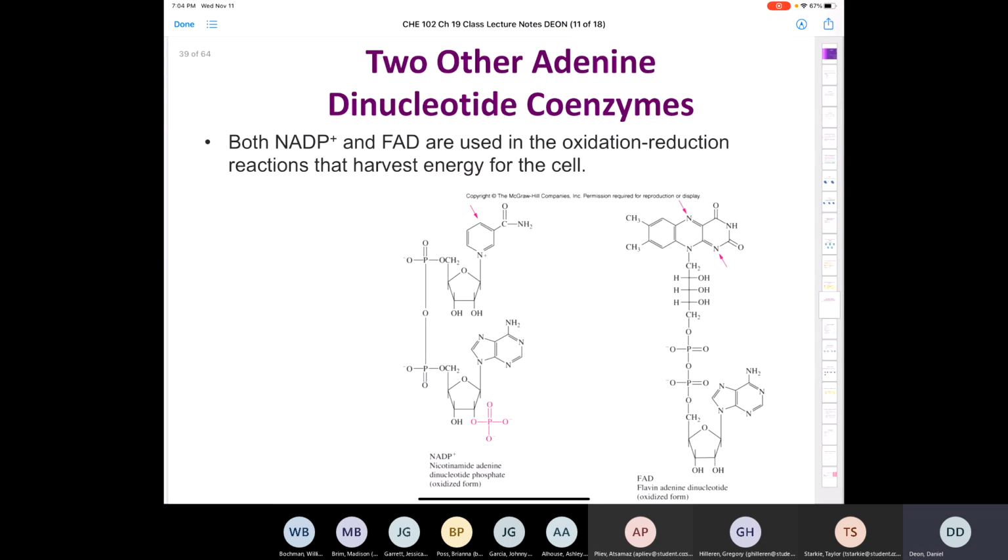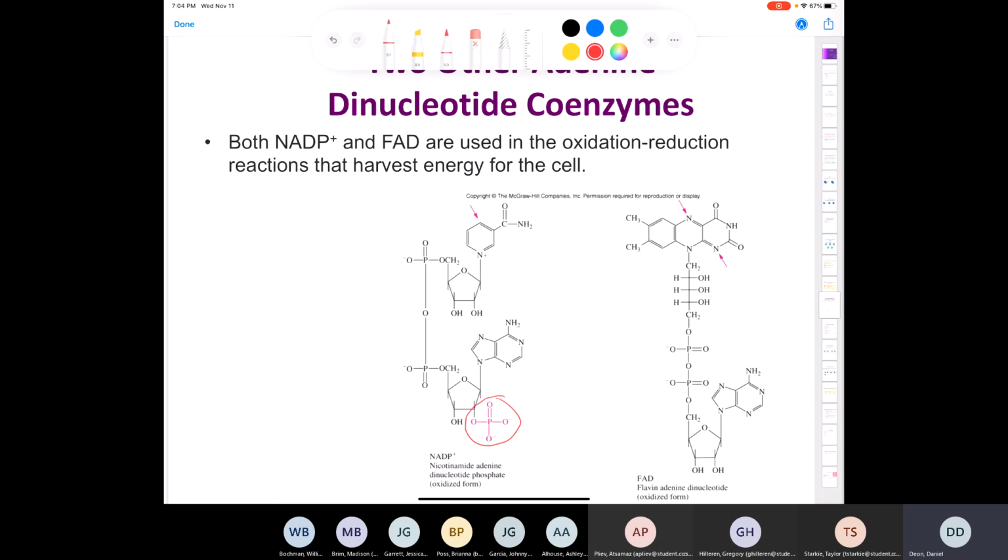These are 2 other adenine dinucleotide coenzymes. One is NADP+, or NADP, and the other is FAD. You're going to see that these are both used in redox reactions that we're going to look at in chapter 21. Again, I don't expect you to memorize their structures, but you can see that NADP is closely related to NAD, except we have a phosphoryl group on it here.